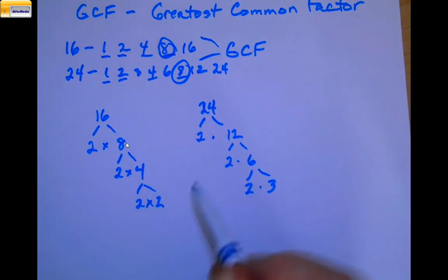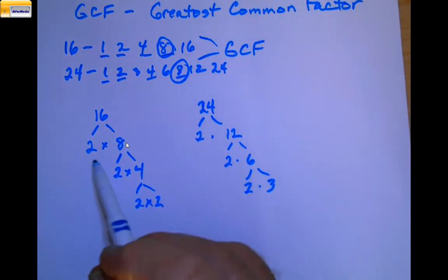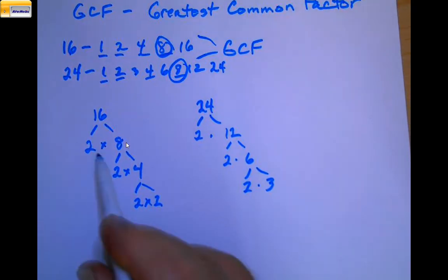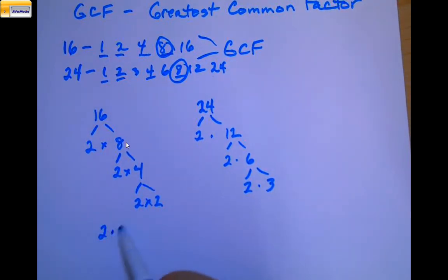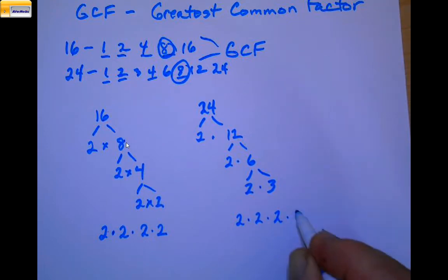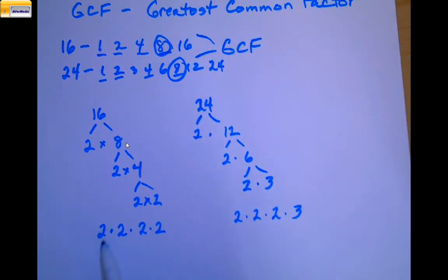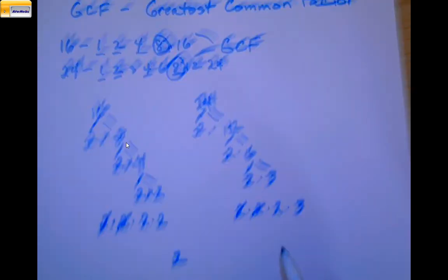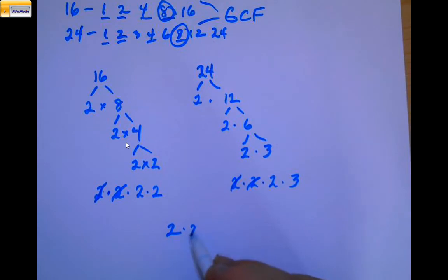Now I go and see what factors they share. First I'm going to rewrite this: 2 times 2 times 2 times 2, and over here, 2 times 2 times 2 times 3. And what do they share? They share one set of 2's, another set of 2's, and another set of 2's.